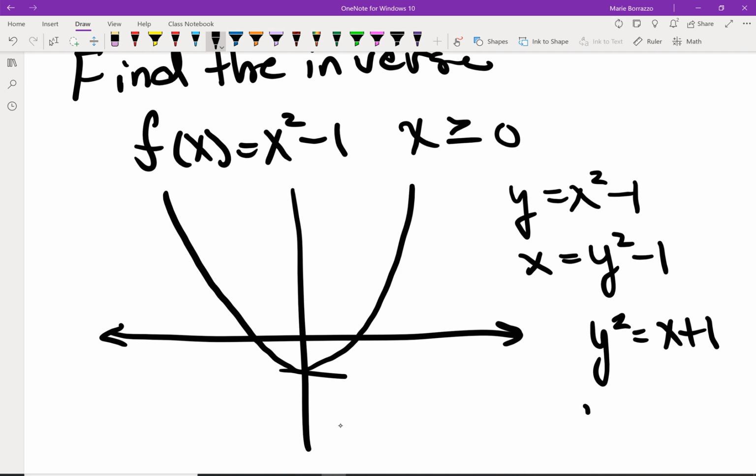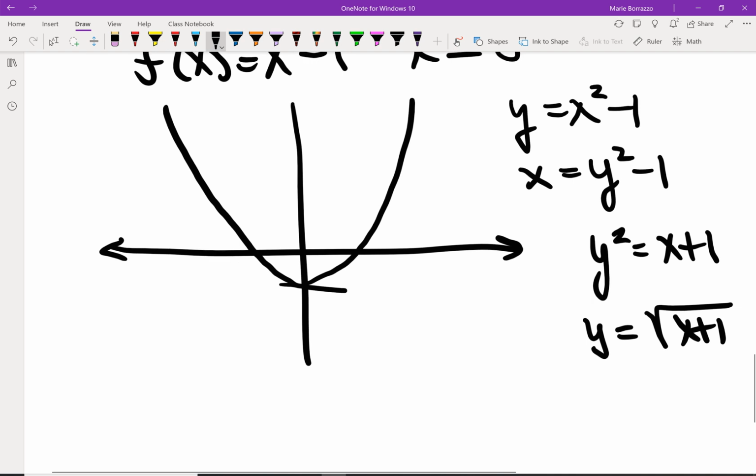And I solve for y, so my y inverse, or f inverse, is the square root of x plus 1. Now I want you to stop and I want you to think about what that means to you. If I'm doing a square root function, remember this is y inverse, so this is basically f inverse, which is now the square root of x plus 1.